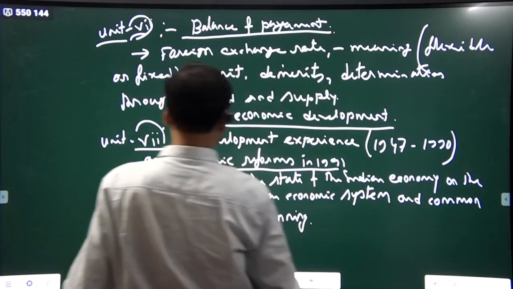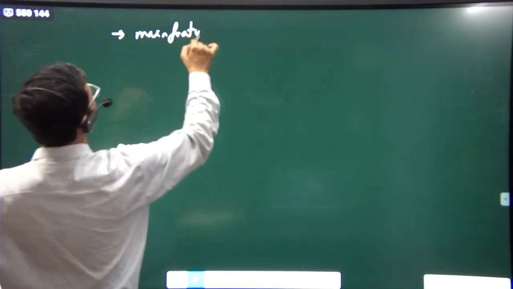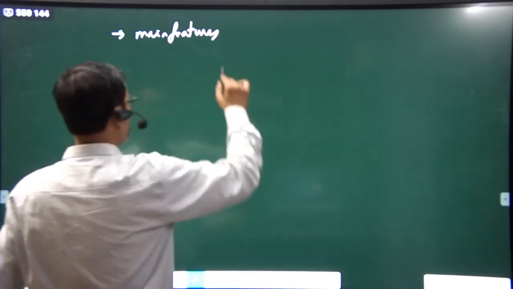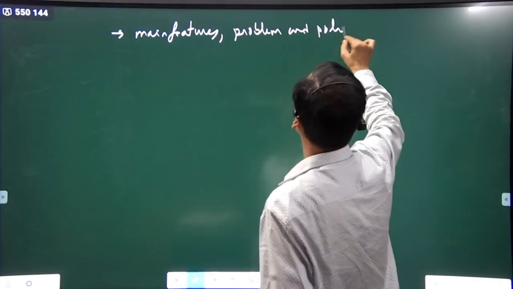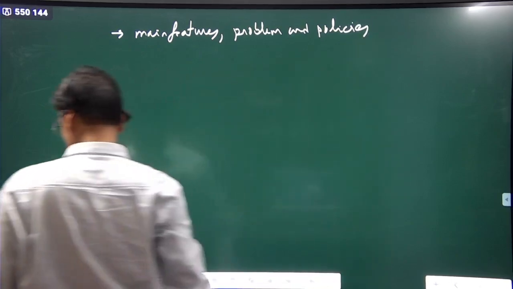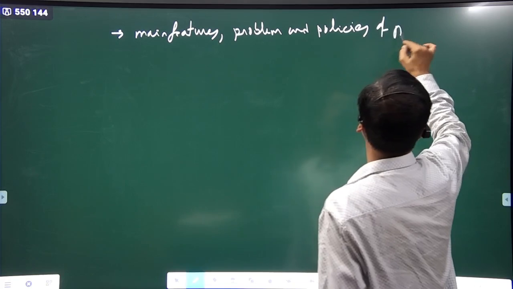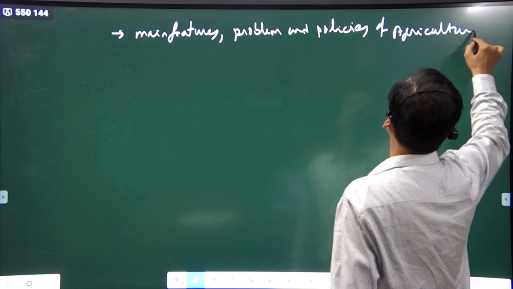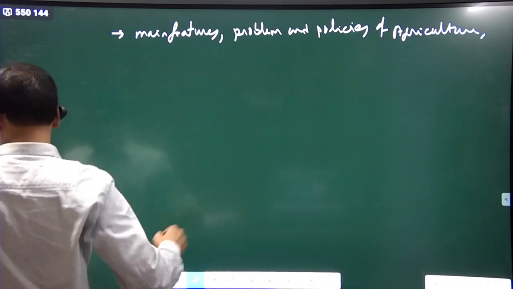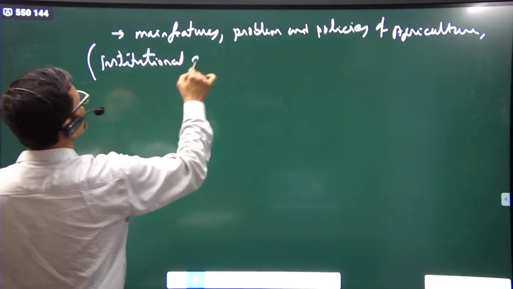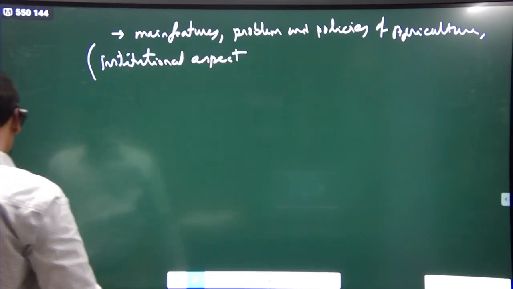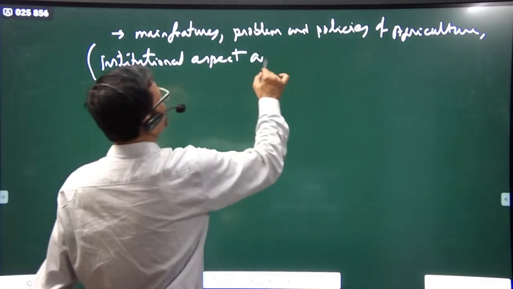Another important part under the same unit: main features, problems and policies of agriculture, institutional aspect, and new agricultural strategy.